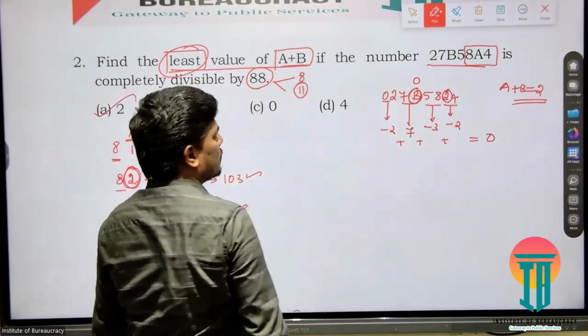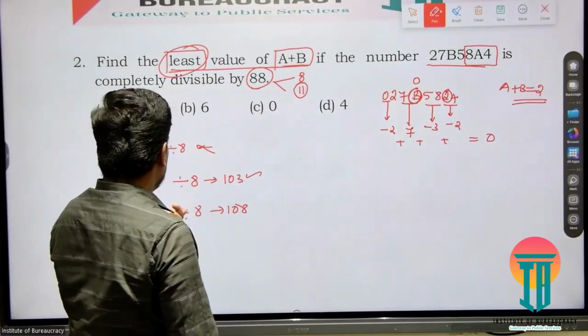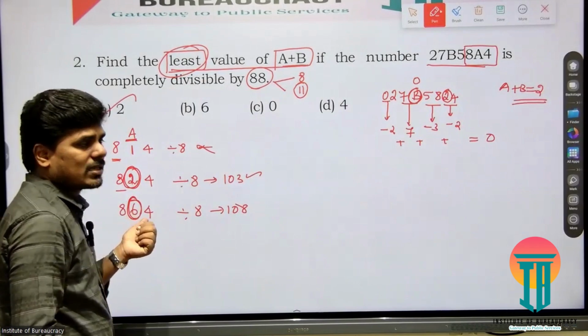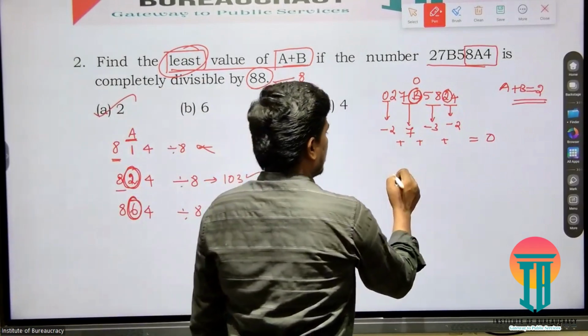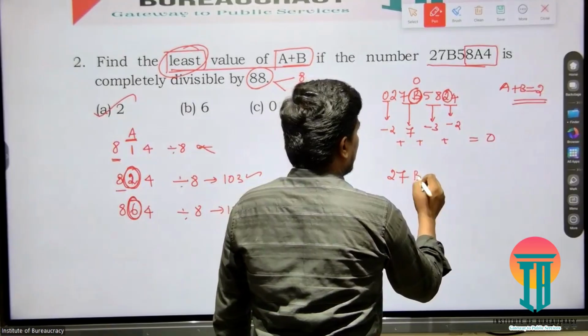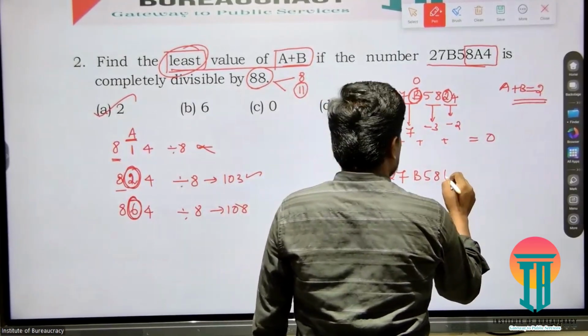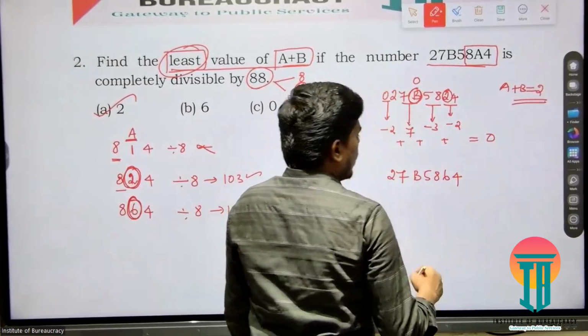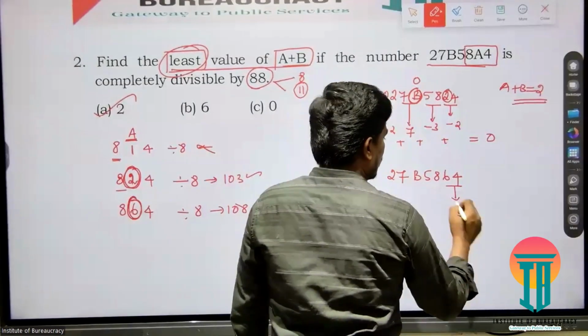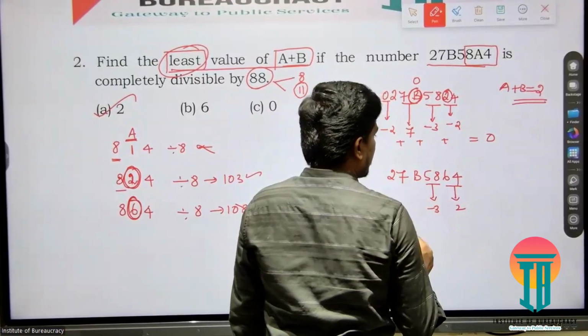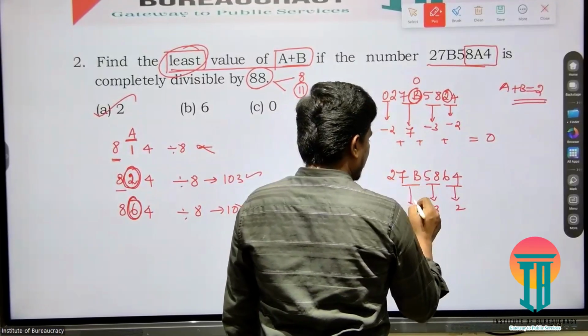If you wish, we can test with this 6 also. If we take 2, 7, B, 5, 8, 6, 4, then the difference here is going to be 2. Here the difference is going to be -3. And here we don't know.